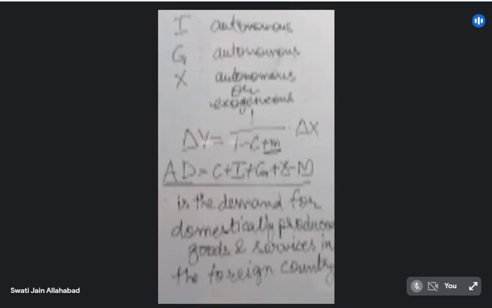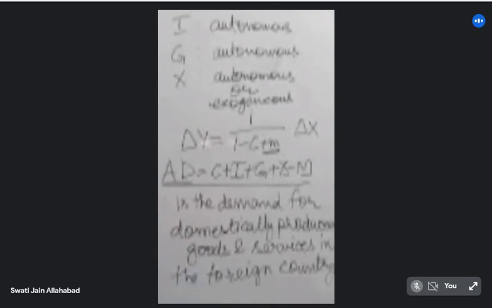But as you understand, in the real world, if there is any economy where exports are there, there has to be imports also. So export and import take place simultaneously. How does the import function look like? Export, we have assumed it is autonomous.